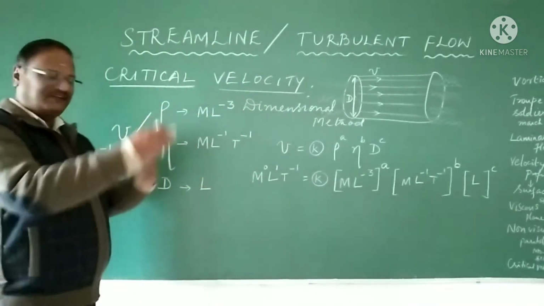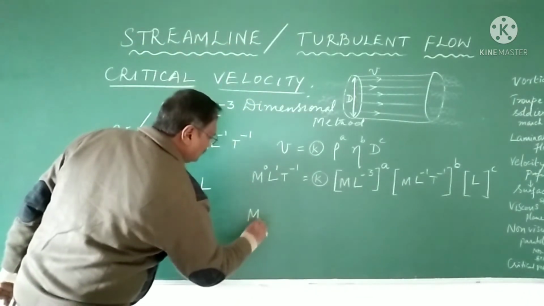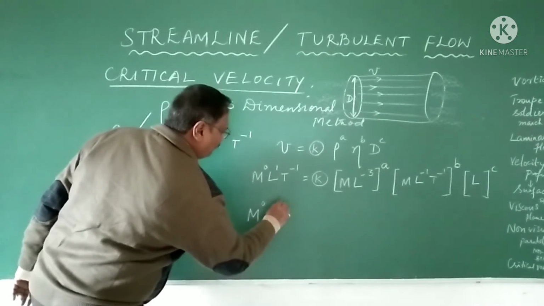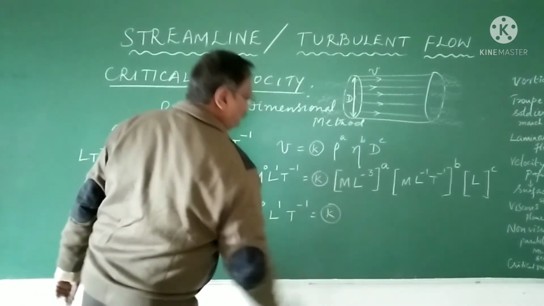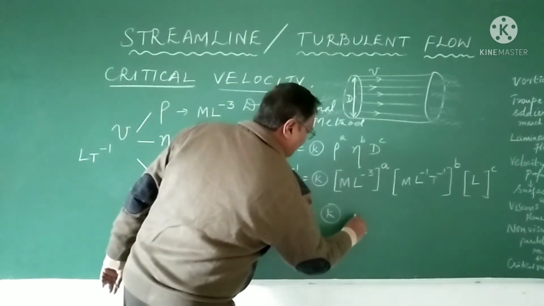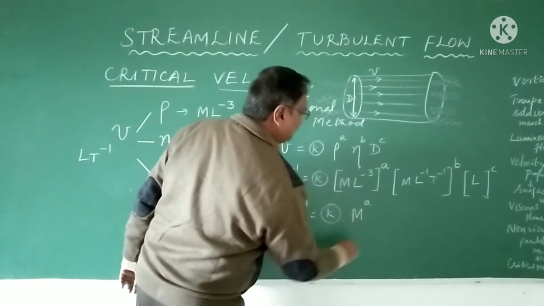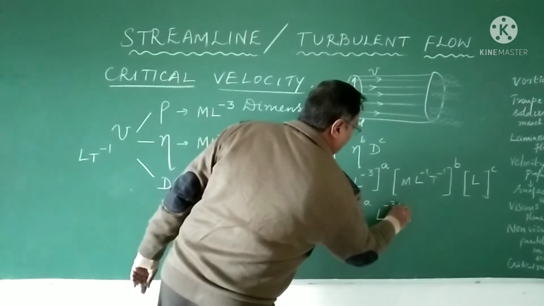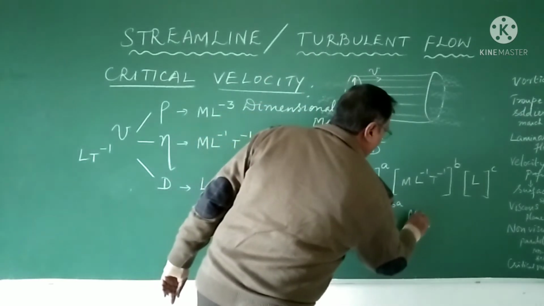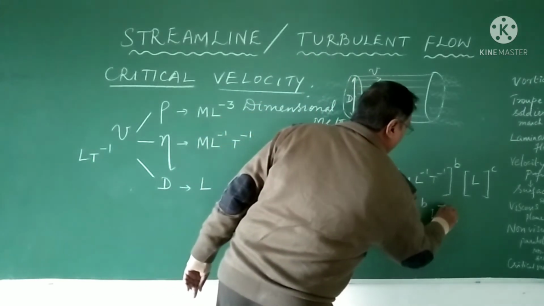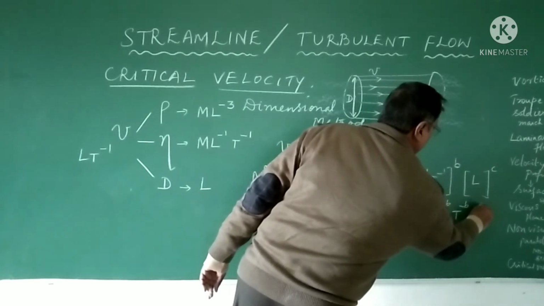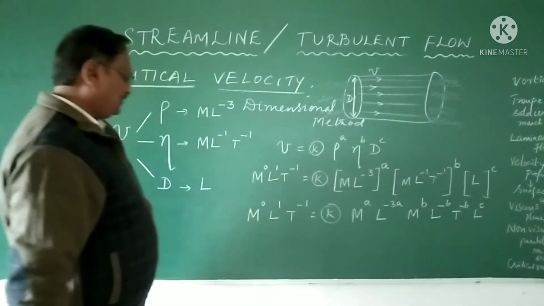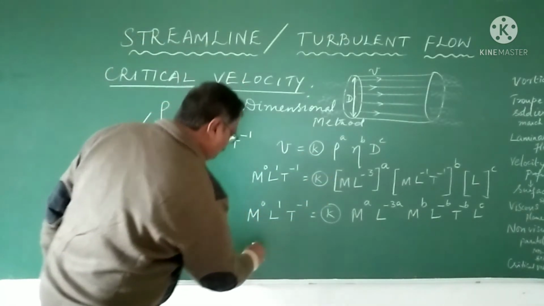Now let us expand it. M power 0, L power 1, T power minus 1 is equal to the constant K. Now let us open it up: M power A, L power minus 3A, M power B, L power minus B, T power minus B, L power C. Now let us combine the terms together.